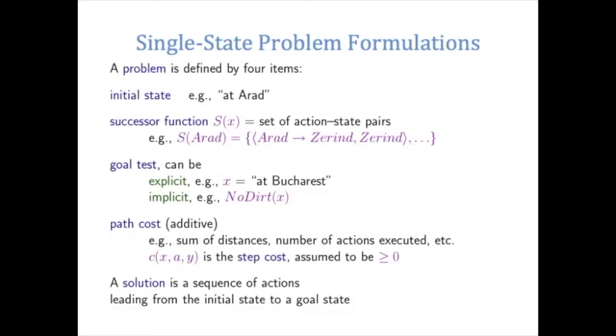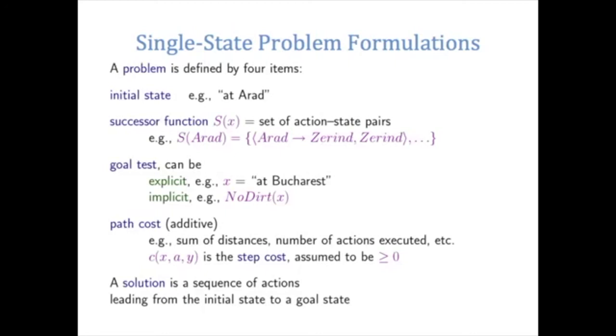There's a goal test, and that could be explicit. So for instance, our state might be at Bucharest, or it's implicit, there's no dirt. Remember, in the Wumpus world, our goal test was something like have gold and we're in location 1, 1.